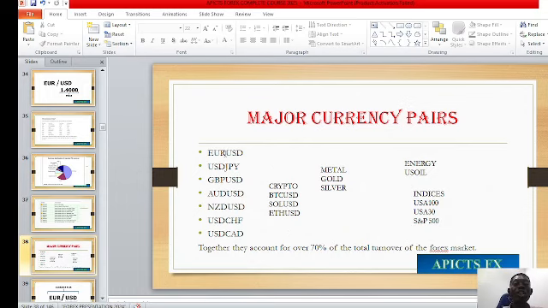That means the market will move fast in the direction that it is facing per time. It will not just be consolidating and moving gradually; when you trade them, they have volatility. They will move fast in that direction, because there's liquidity in the market. They account for 70% of total turnover in the forex market.